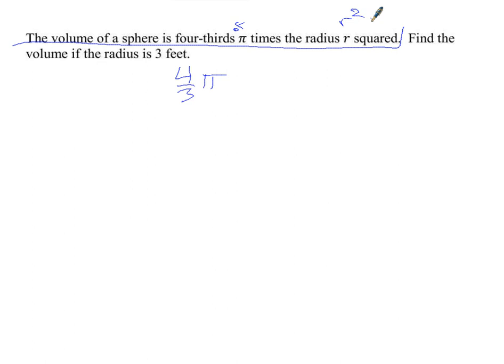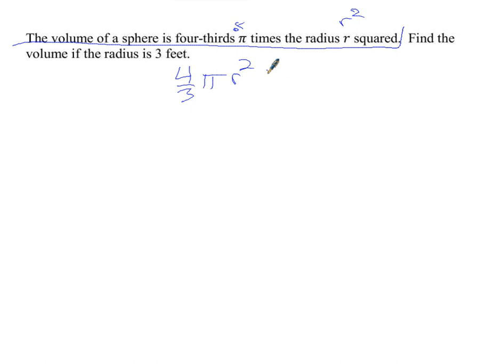So I could write a dot here, or I could write parentheses r squared, or I could write nothing at all and just put the r squared right there. 4/3 pi r squared is actually the formula for the volume of a sphere. We saw it in words, and now we just turned it into the actual formula for the sphere.